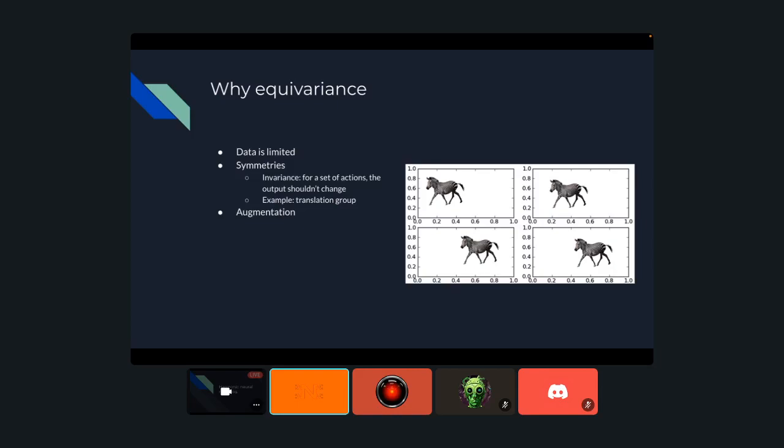We can try to augment data: take a single sample and generate many copies of it and train with that. And of course, people do that. This works, but there are two problems which motivate equivariant neural networks.